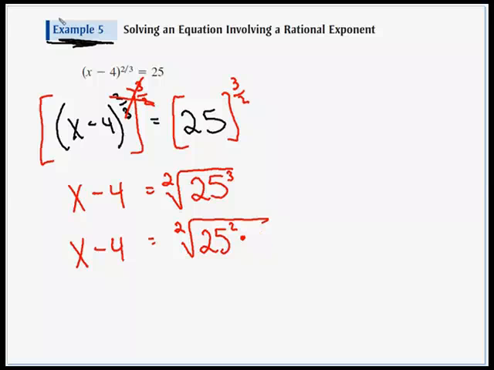And 25 to the first power is 5 squared. So look at that. We have our exponents all matching up with the index of the radical, and they're going to get out. So the square root of 25 squared, these cancel, and out comes the 25. And then 5 squared hits the square root power, and that just comes out as a 5.